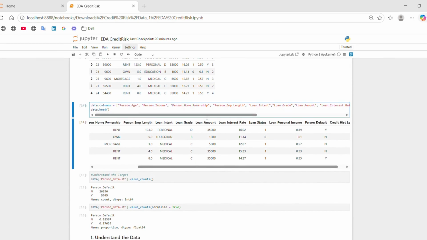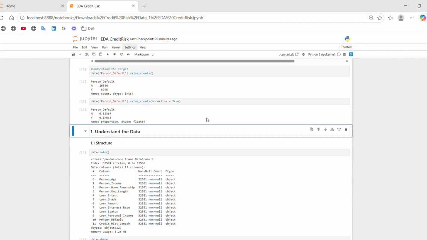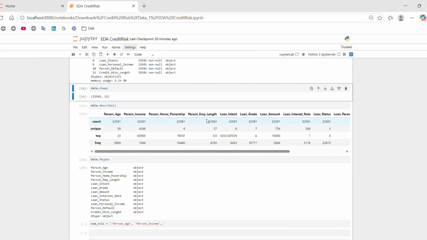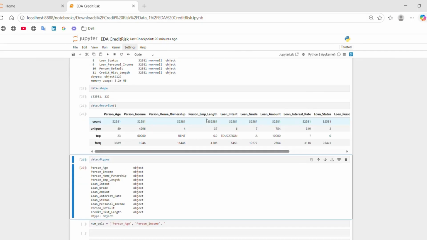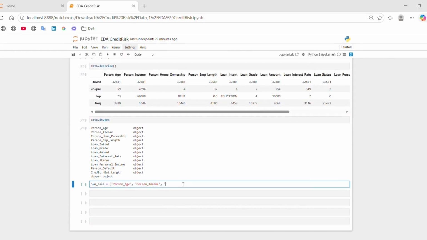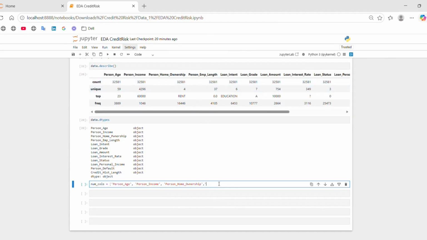The spelling is wrong, ownership. Let's correct it. Person home ownership is my next numerical column. Next, we have person employment length.